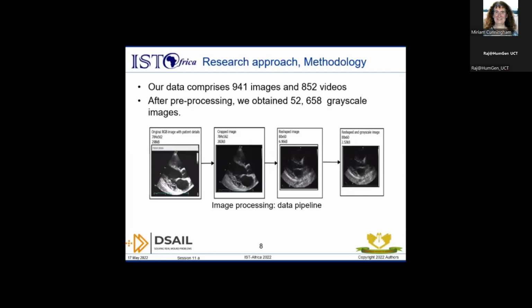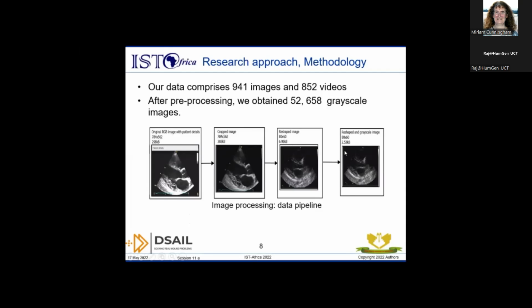Therefore, from this data pipeline, we have the original RGB images that have patient details, and because we have to maintain patient confidentiality, we cropped the images to remove the patient details. And then we resized the images to 80 by 60 from the original 784 by 562.